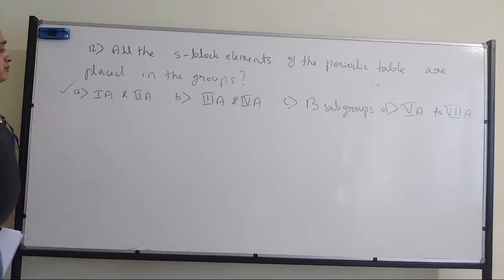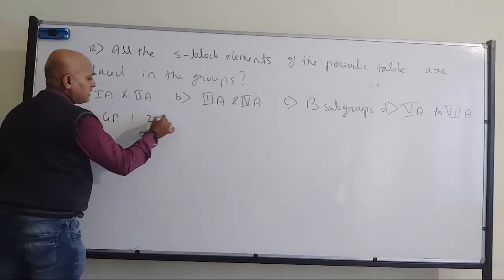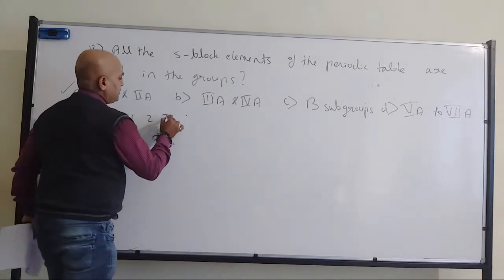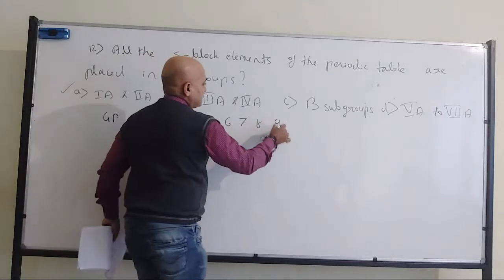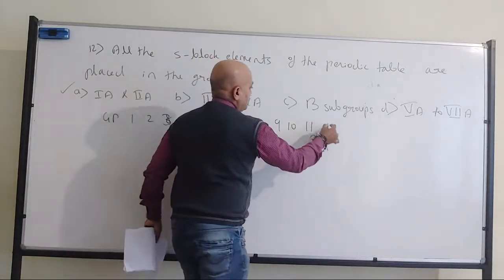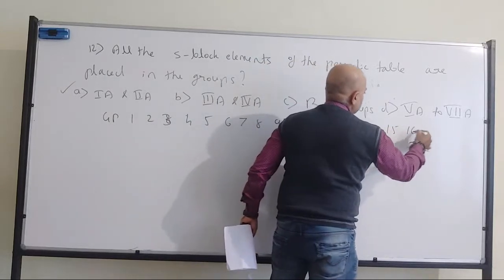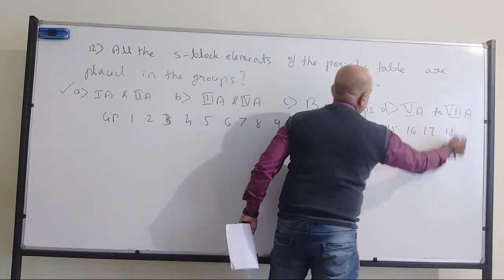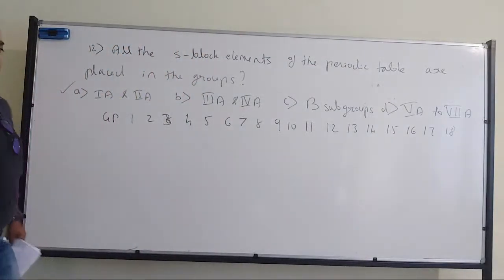Option A should be the answer, because when we are talking about group, now we know it is 1, 2, 3, 4, 5, 6, 7, 8, 9, 10, 11, 12, 13, 14, 15, 16, 17 and 18. So we have up to 18 groups. Regular numbers we have given.